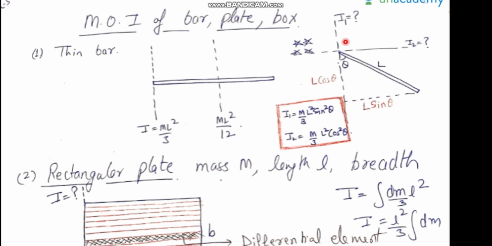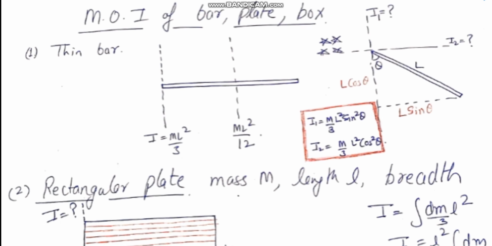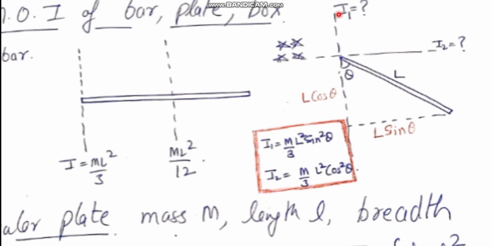If I calculate the moment of inertia about this axis, it will not depend on L cos theta, it will depend on L sin theta, and the moment of inertia will be m into L sin theta whole square by 3. ml square by 3 is the result in this case, and here we have replaced L by L sin theta. So it is m by 3 L square sin square theta. Similarly, the moment of inertia about this axis.